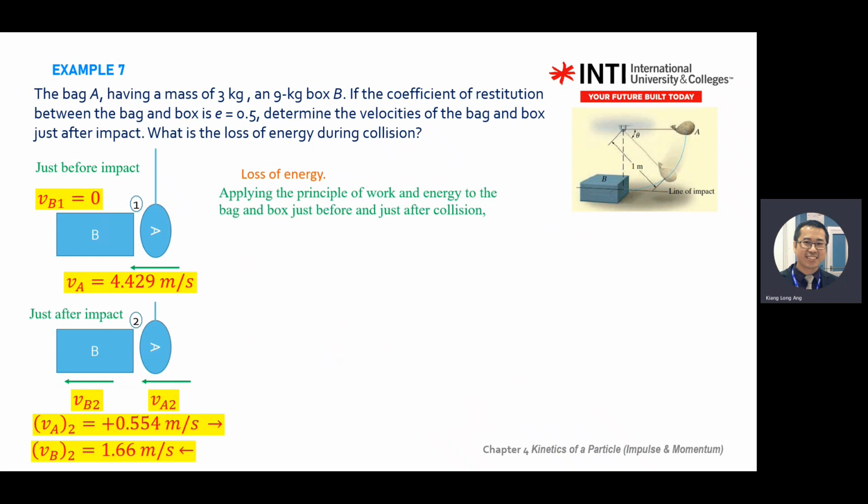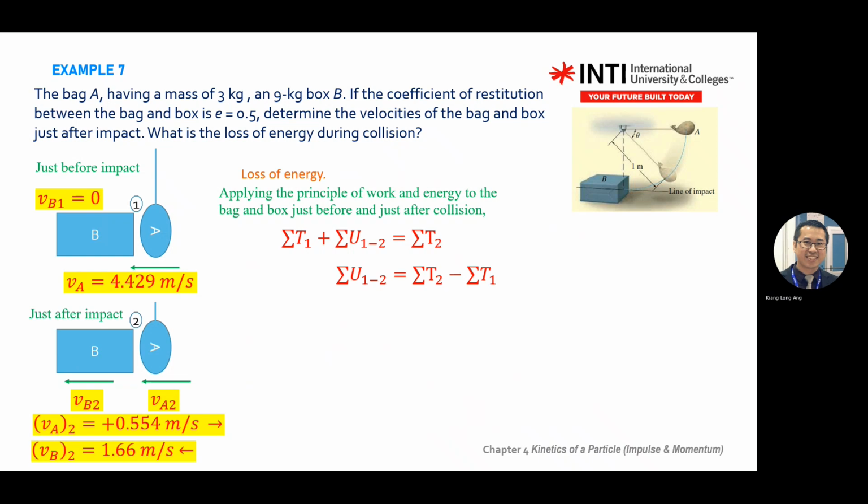And then loss of energy, calculate using the principle of work and energy. But anyway, in the assessment, the question will direct you to use a certain principle, okay?